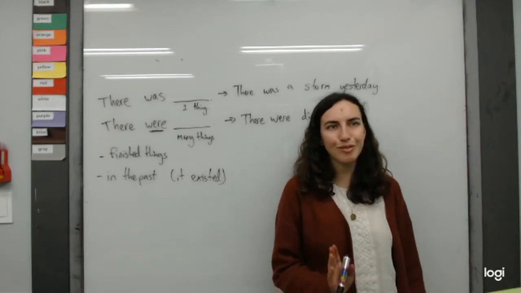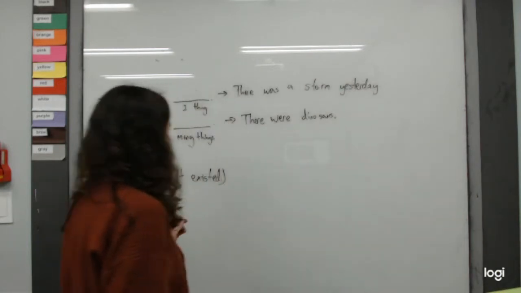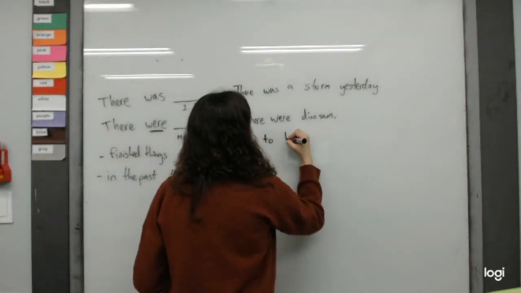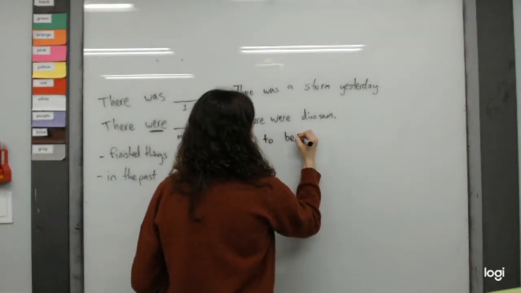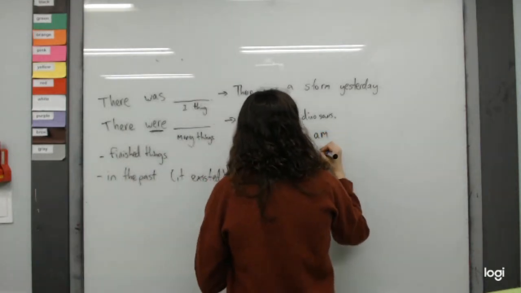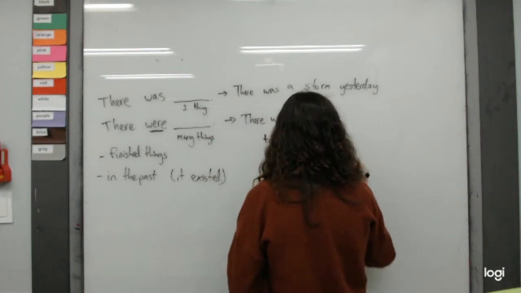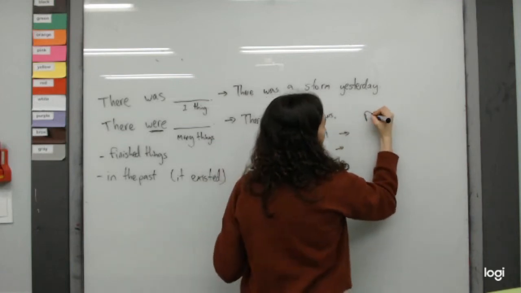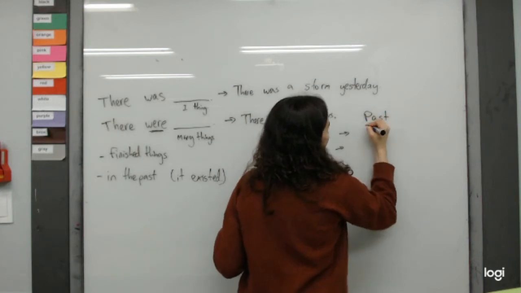Before we do this, let's remember one other thing. One other thing we are going to talk about today is the verb to be in the past. So to be in the present, we have am, is, are. But today we are going to talk about past.